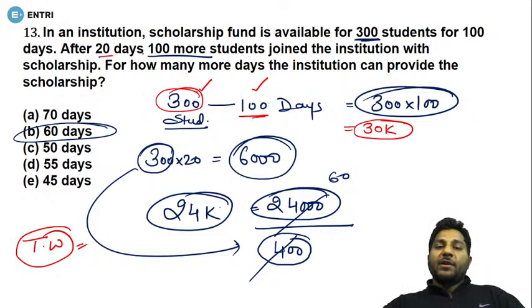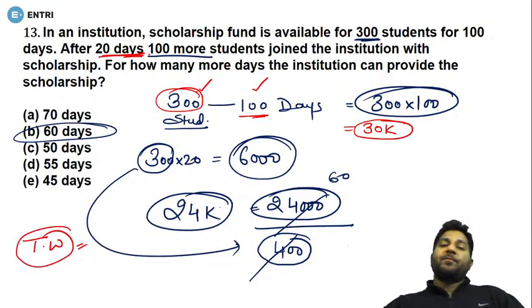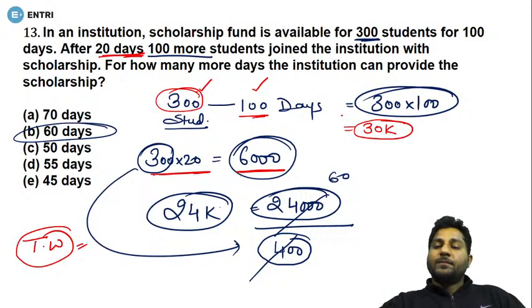For the first 20 days, 300 students were there. So that makes our consumption 6,000. If we reduce 6,000 from the total value, we will be left with 24,000.